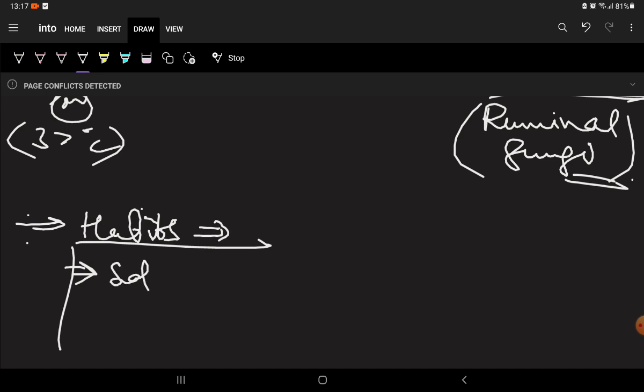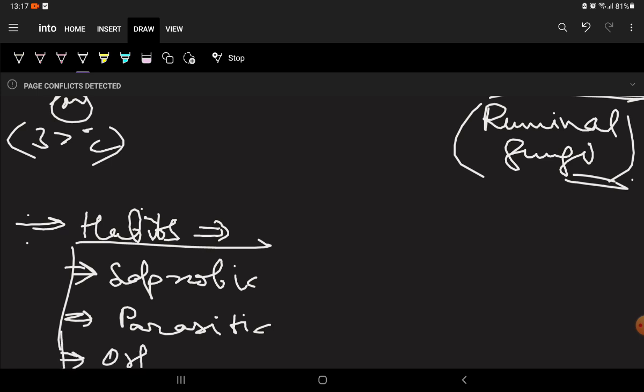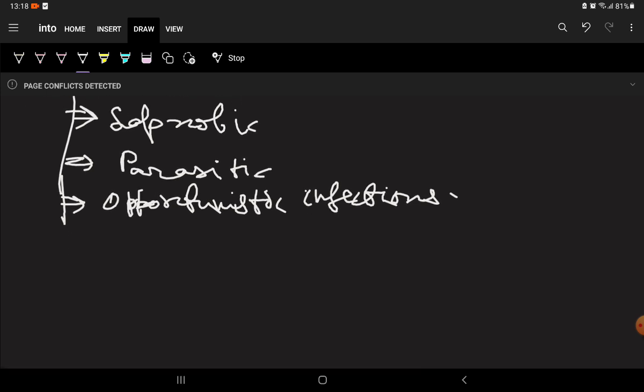First is saprobic or saprophytes, second is parasitic, and third is opportunistic infection causing. Okay, opportunistic infections.